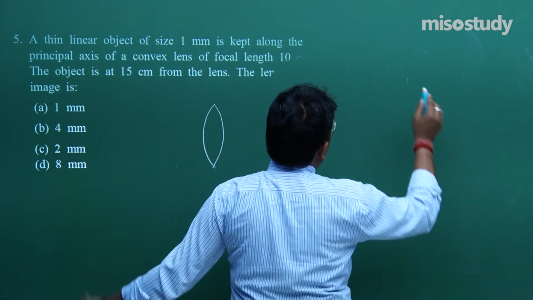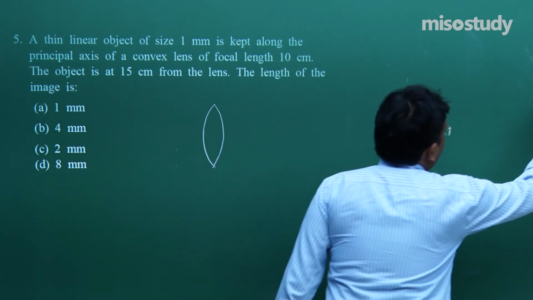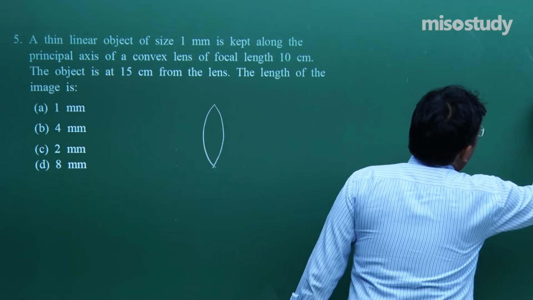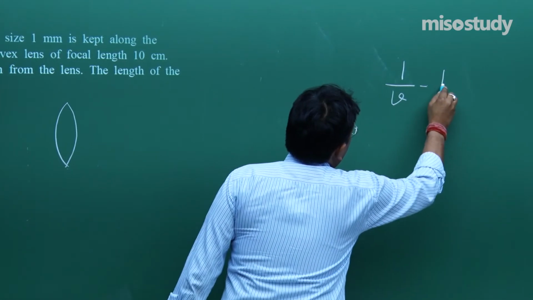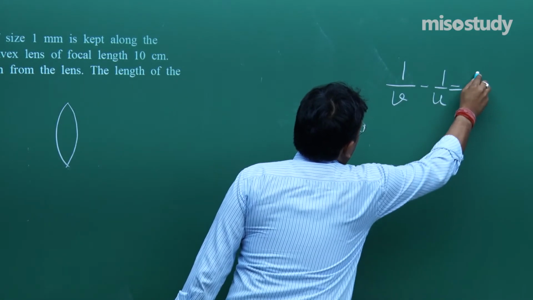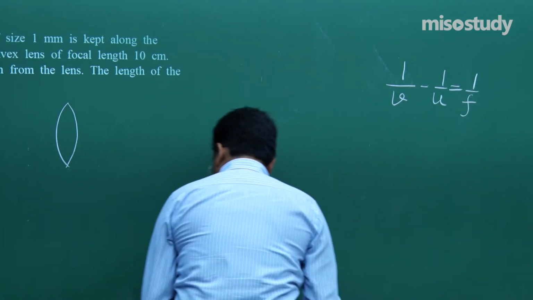So we have one very beautiful formula: 1 upon V minus 1 upon U is equal to 1 upon F. A well known result.